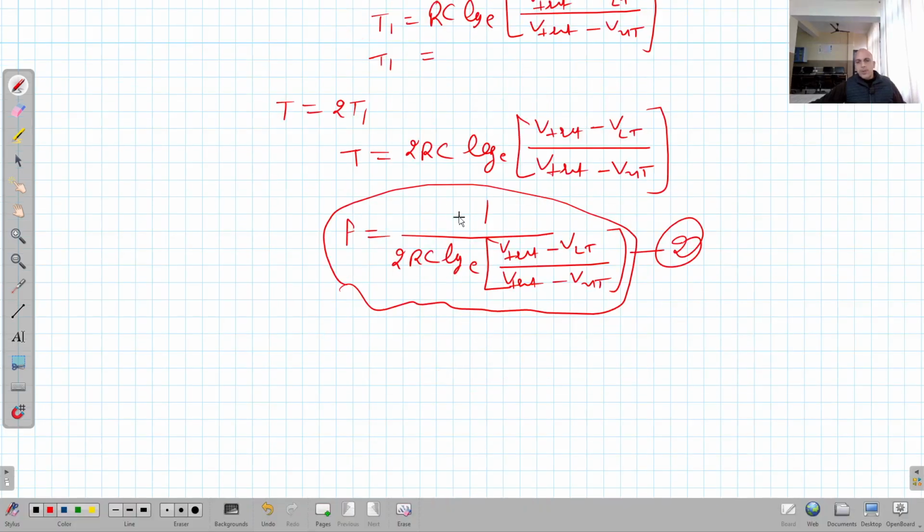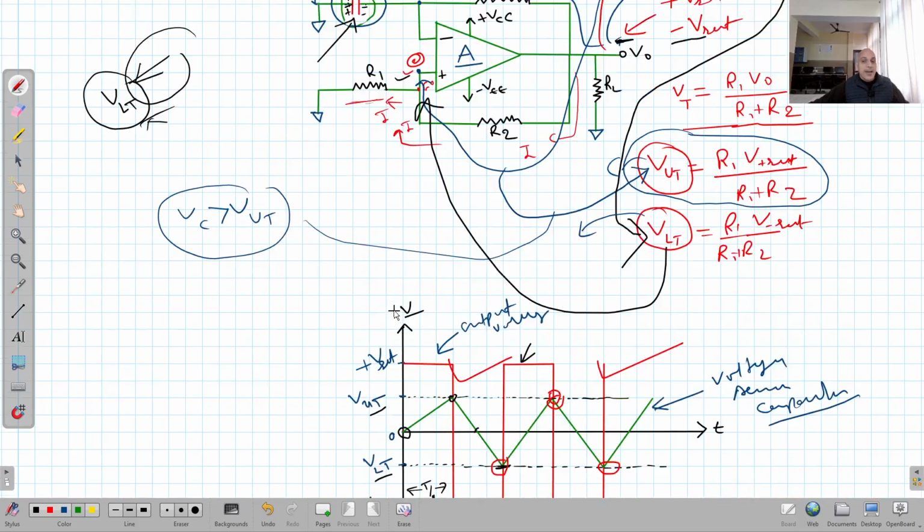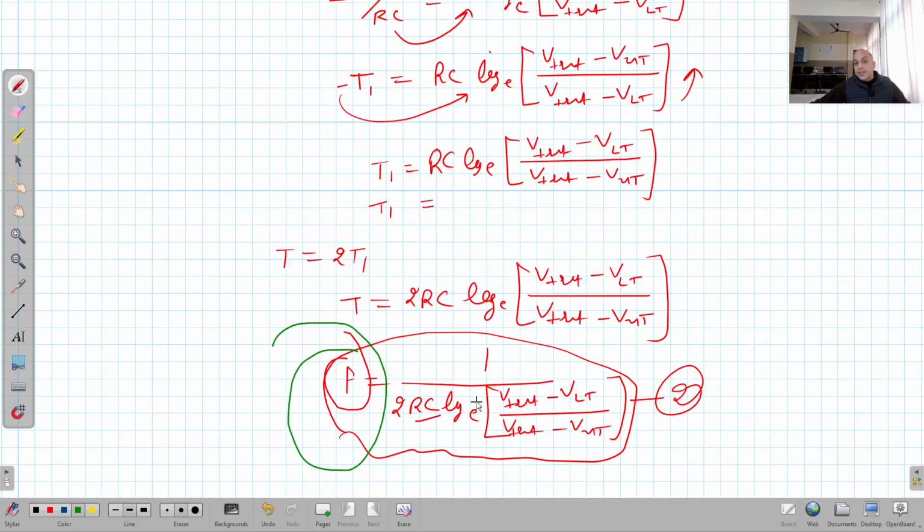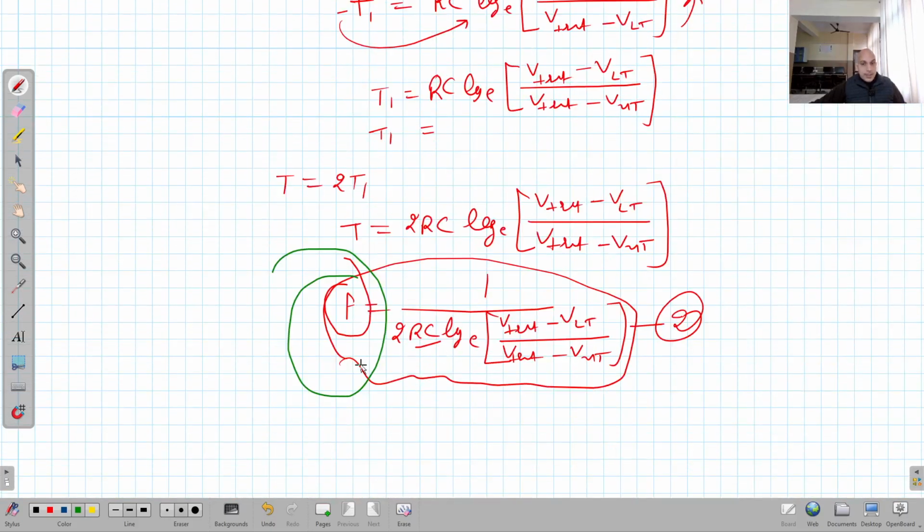You can see from here that by adjusting the value of R and C, I can change the frequency of the square waves. I can generate square waves of a desired frequency. Other factors on which this frequency depends are the values of V lower threshold and V upper threshold.